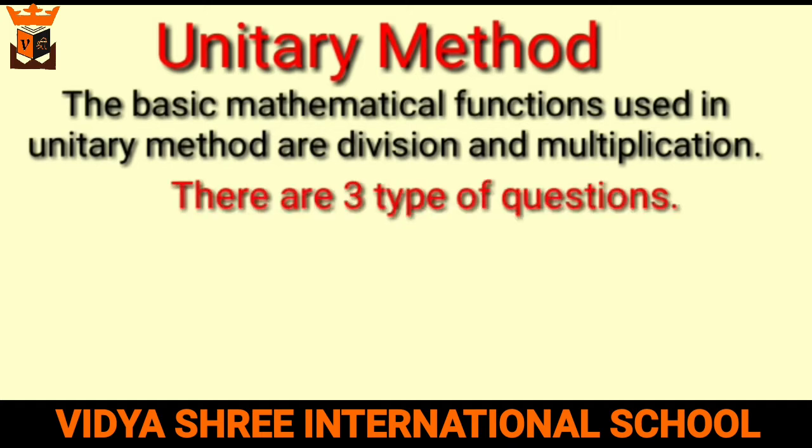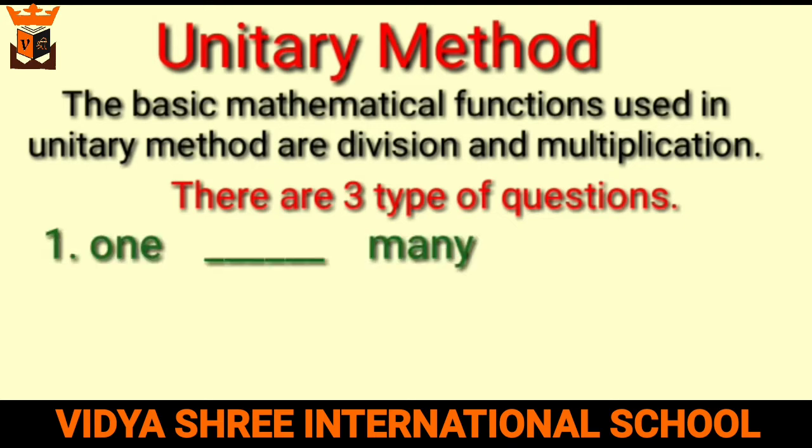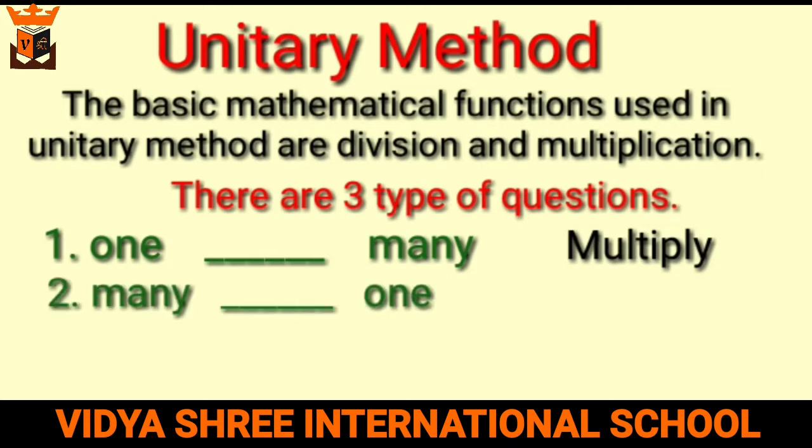There are three types of questions where we will use this method. First one, when we know the value of one and need to find the value of many, we multiply to do so. Second type of questions are when we know the value of many and need to find out the value of one, so we will divide there.